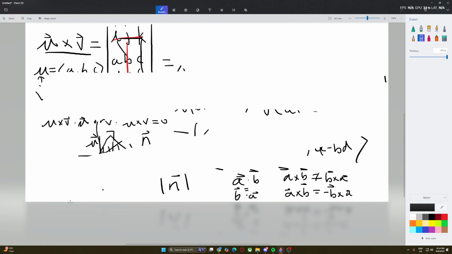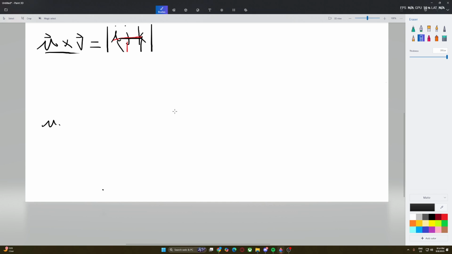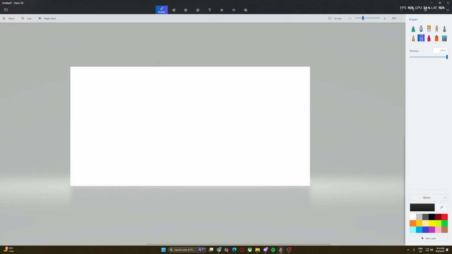I'll show you some equations relating to cross product. So, let's see equations. All right. Area of two vectors, or of the triangle of two vectors. So suppose you have two vectors here, A and B, and you're trying to get the area between these vectors.